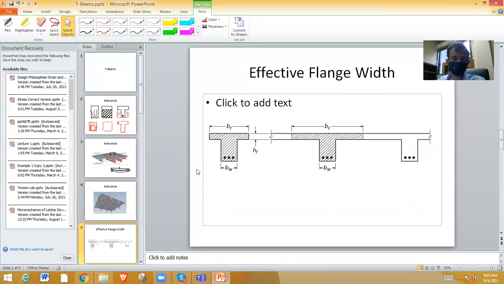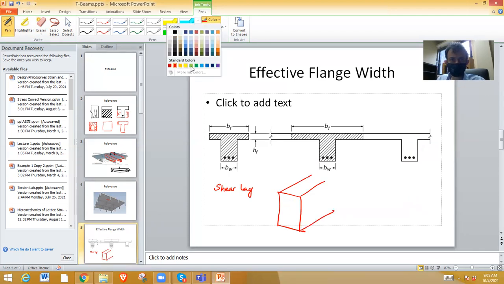Now here there is one concept in T-beams, that is shear lag. Let me quickly explain this in a qualitative sense. When you study the classical beam theory, how does the stress vary? This is the cross section of the beam. How does the stress vary across the cross section?